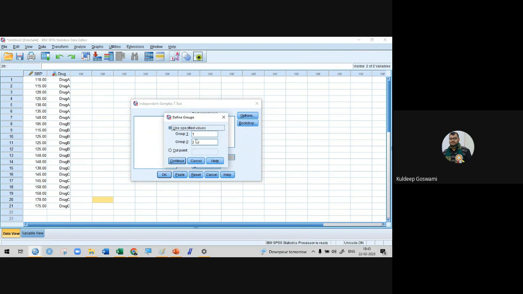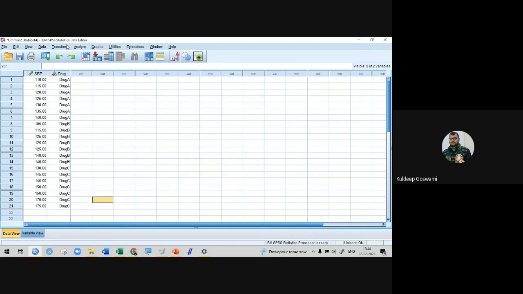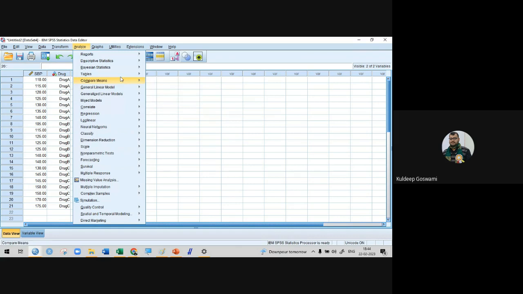Here you have only two categories, but originally your variable has three categories, right? So you can't use a t-test here. Instead of a t-test, you have to go for one-way ANOVA.